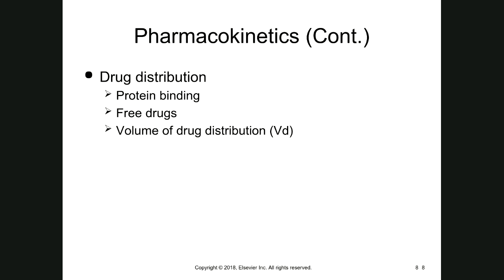So you'll see in the liver, some drugs are metabolized into an inactive form and excreted, thus depending on the amount of the active drug available to exert the pharmacological effect. That is referred to as the first pass effect.